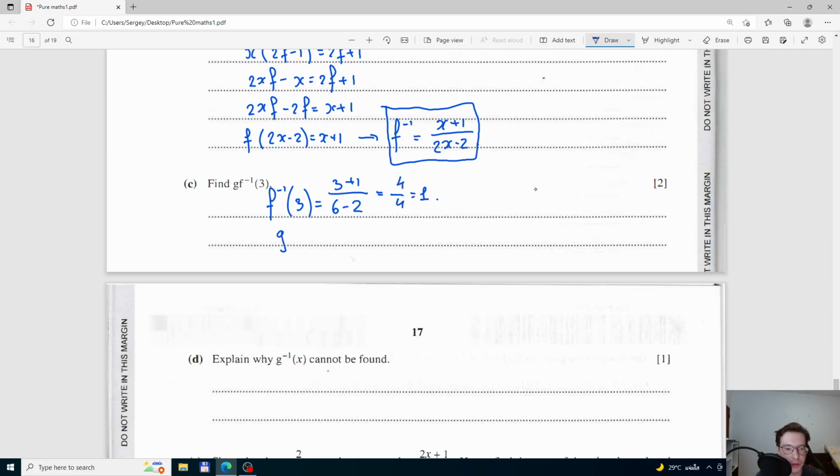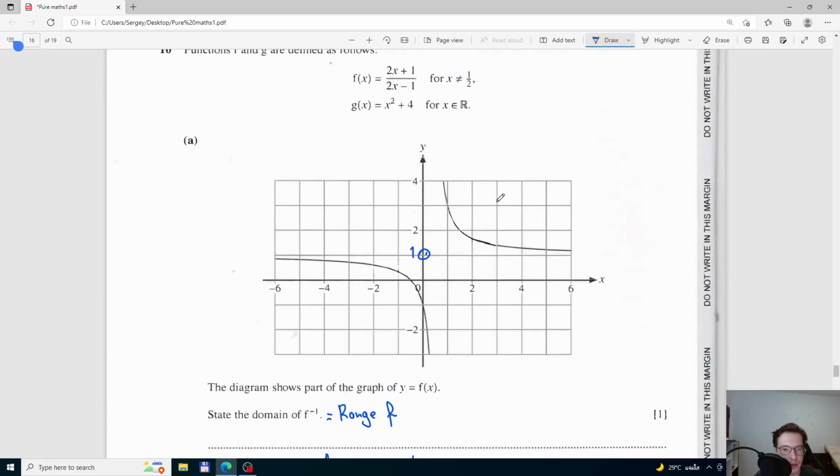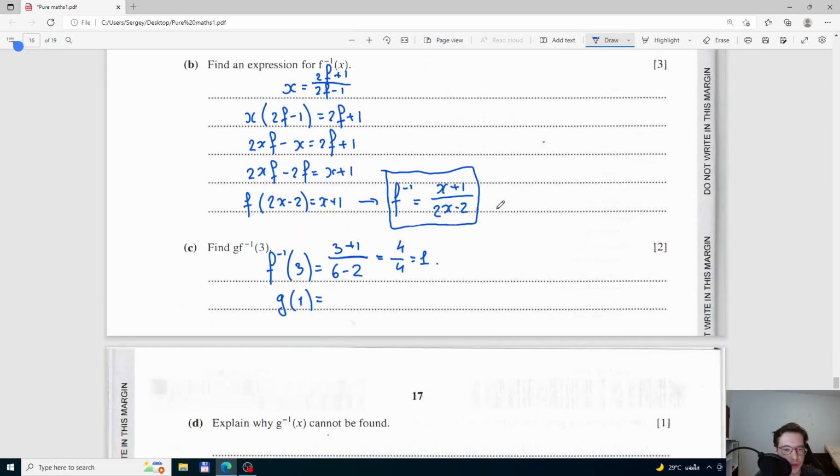And now this result goes into g. And g of 1, let's look at the formula for g. x squared plus 4, so that means 1 squared plus 4, which is 5. Okay, so the answer is 5.